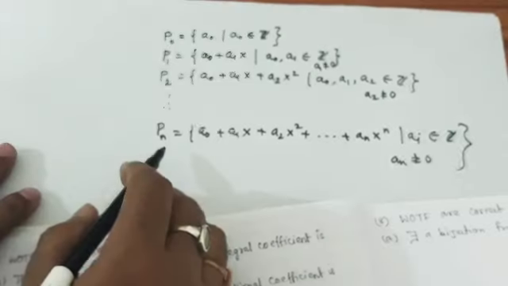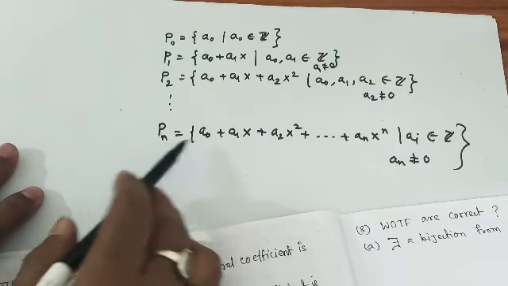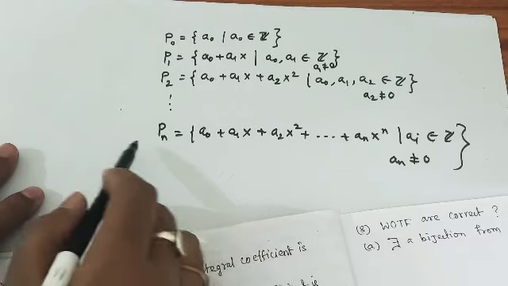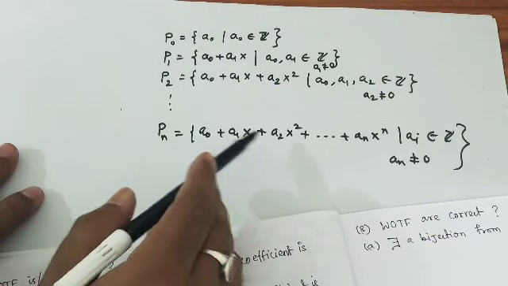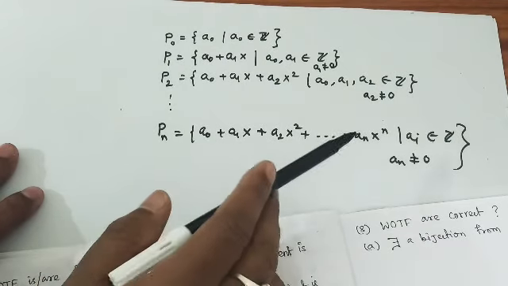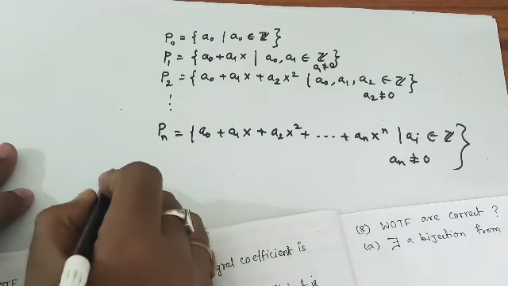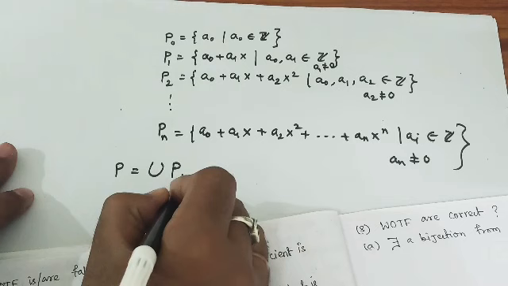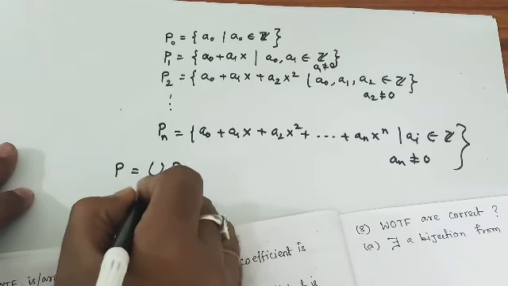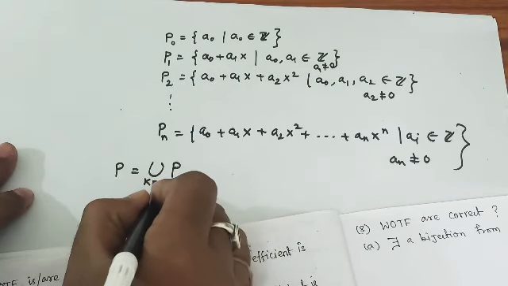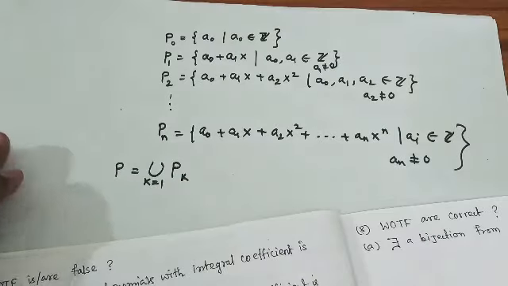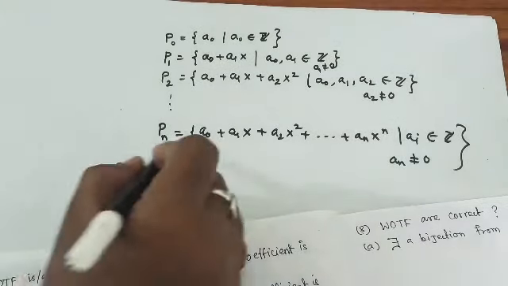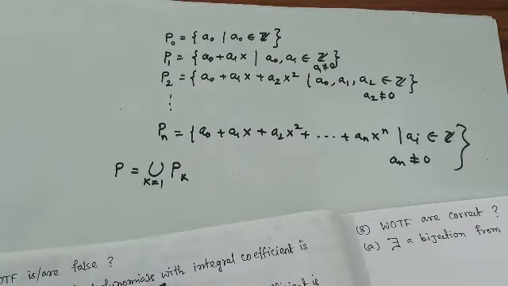Fine. This is the set of all polynomials having degree n, and these coefficients come from Z. So in fact the set P is nothing but the union of Pk, where k runs from 0 to infinity, the set of all polynomials.